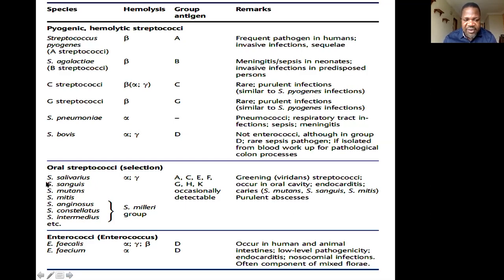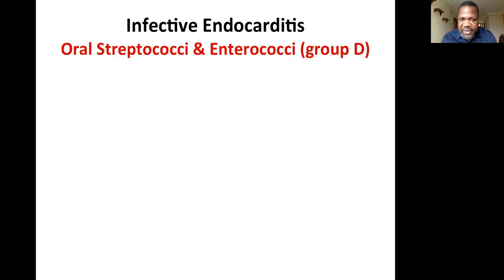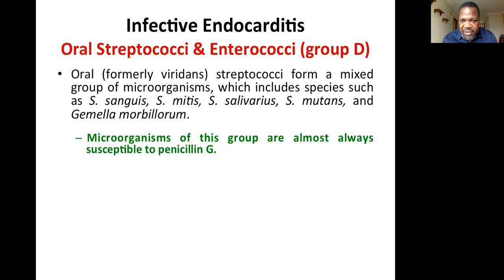They involve Streptococcus salivarius, sanguis, mutans, and mitis. And we also have the Enterococci, like Enterococcus faecalis and faecium. So oral streptococci and enterococci are highly involved in the development of infective endocarditis.